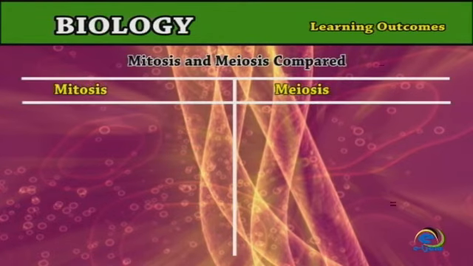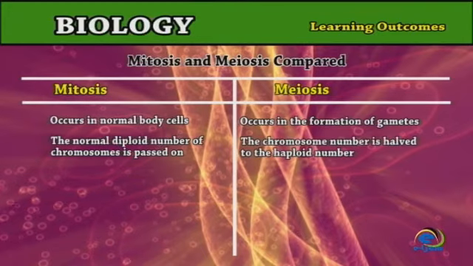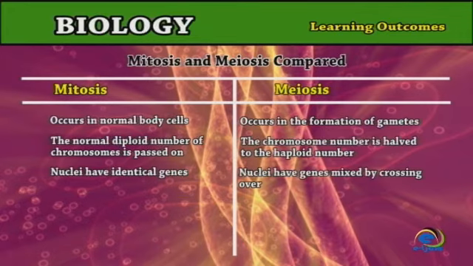Meiosis and mitosis compared. Mitosis occurs in normal body cells, while meiosis occurs in the formation of gametes. In mitosis, the normal diploid number of chromosomes is passed on, while in meiosis, the chromosome number is halved to the haploid number. In mitosis, nuclei have identical genes.